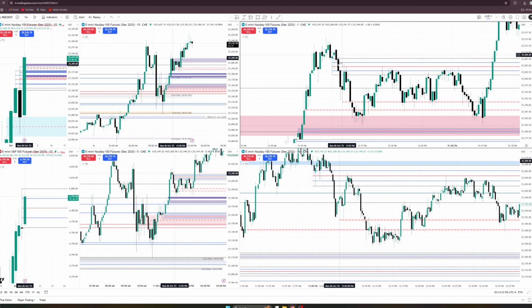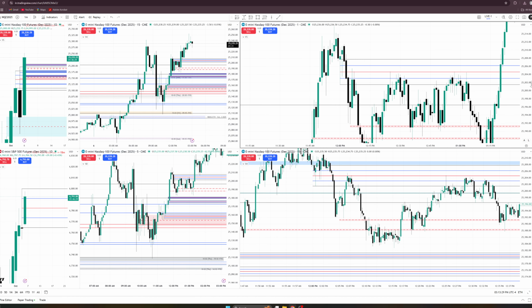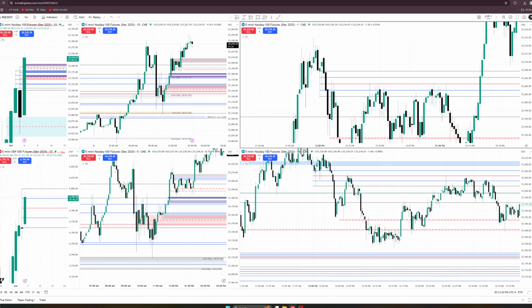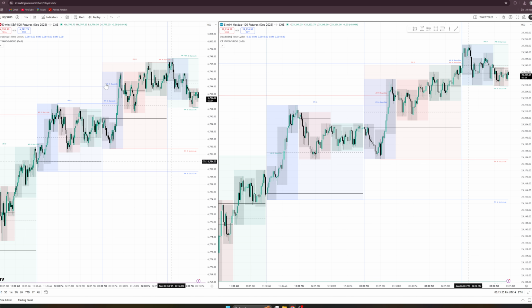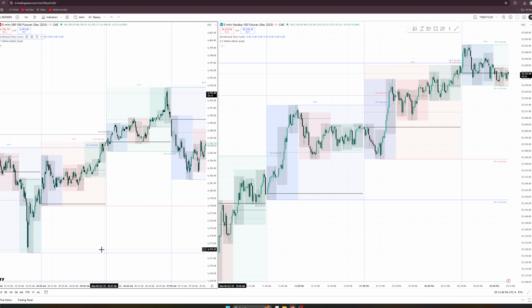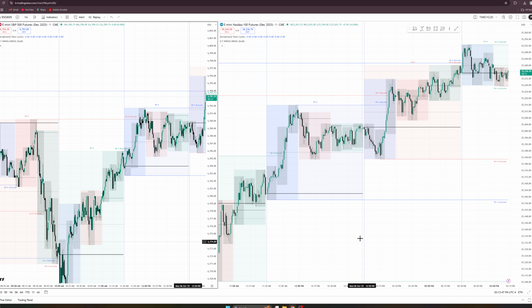Okay, so I have plotted these quadrant levels on this wick. I just want to see whether we had any divergence at that moment. Where was it?